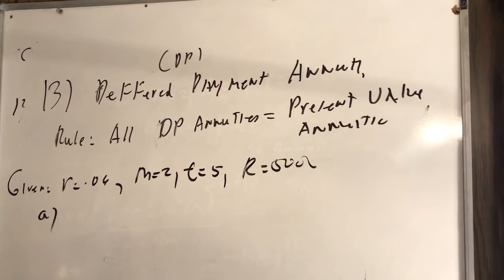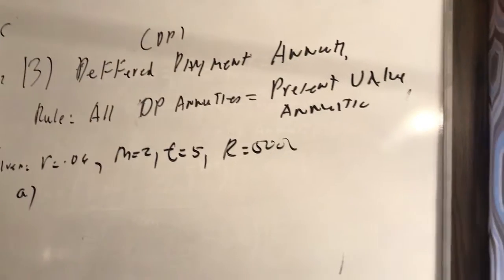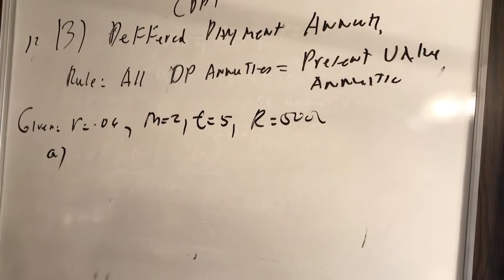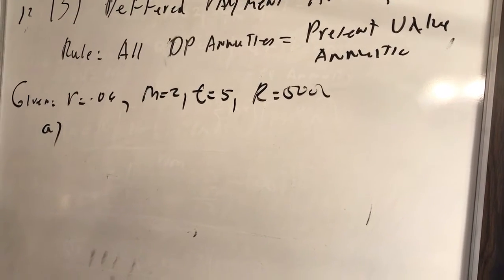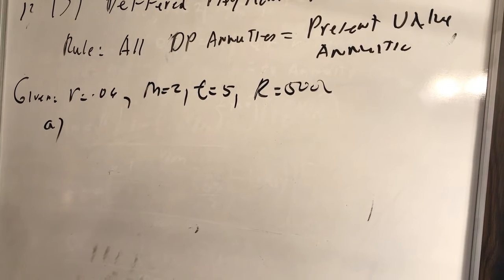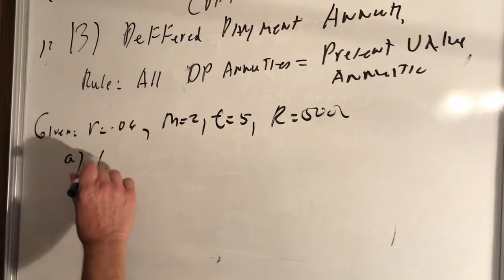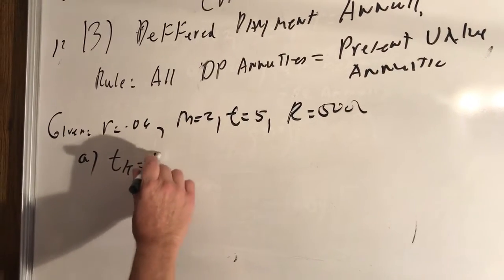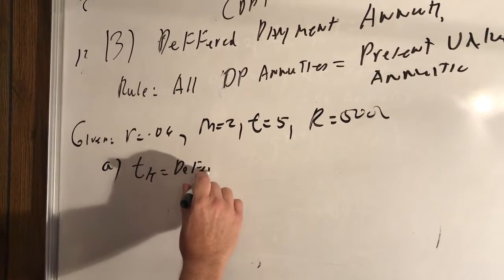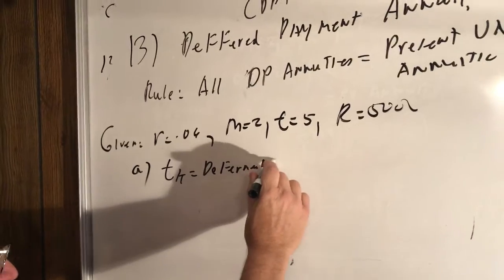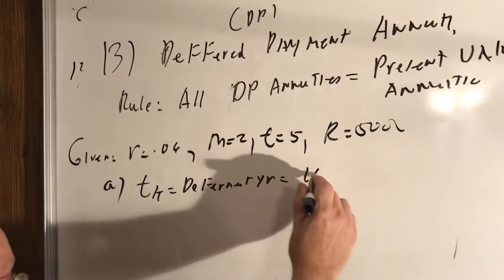So let's see what it says. It says the first period, so the deferment period, T of K, deferment years is 10 years.